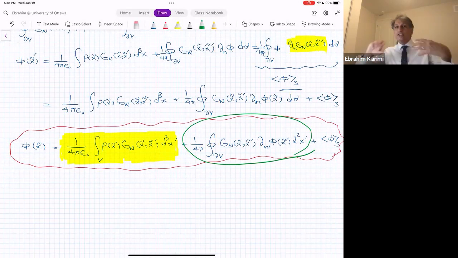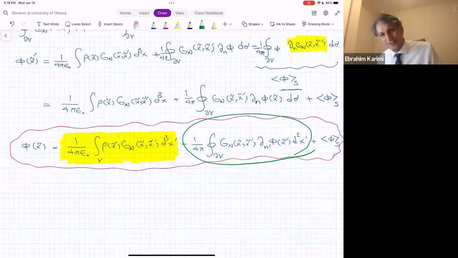So whenever you deal with the potential on the surface, if the potential is known at the surface, then it's good. You can go with Dirichlet. When the charge distribution is known at the boundary, or the normal of the electric field is known at the boundary, then you have to go with Neumann boundary condition.